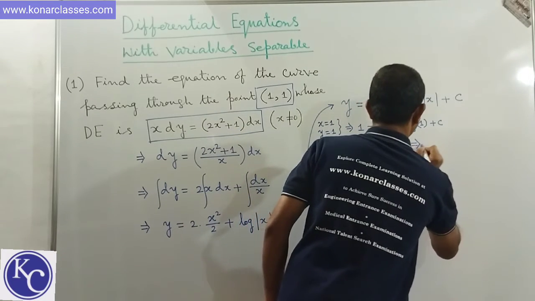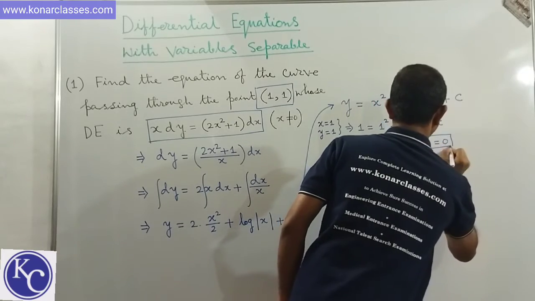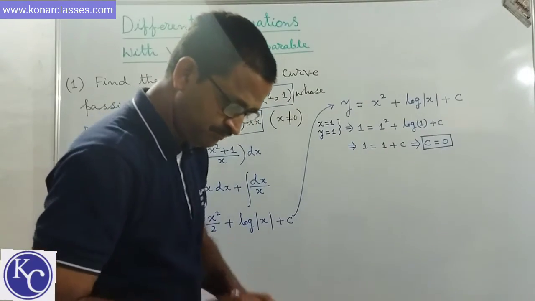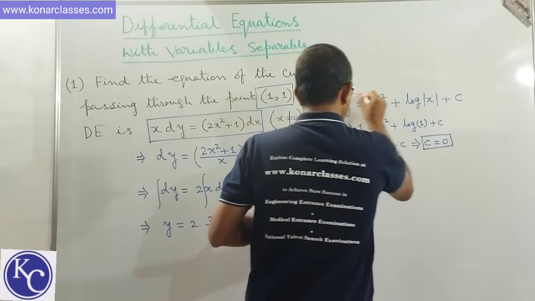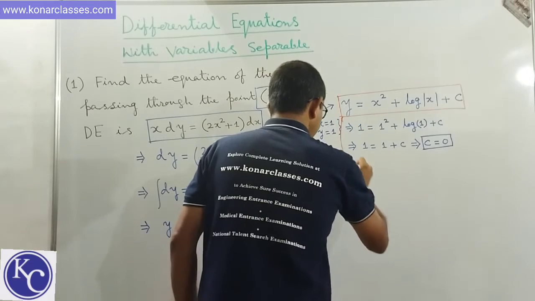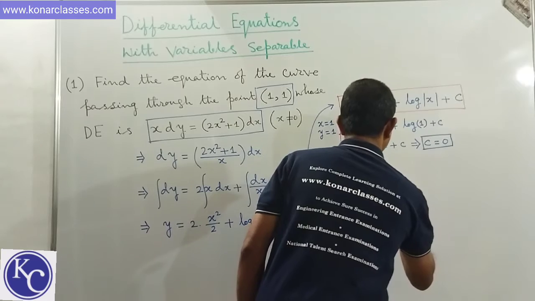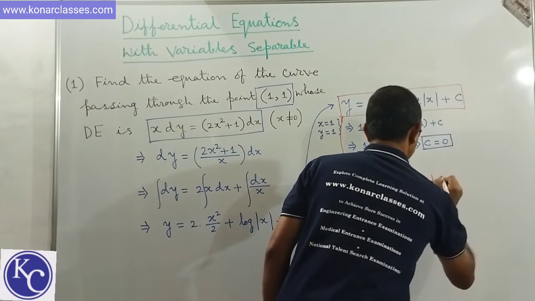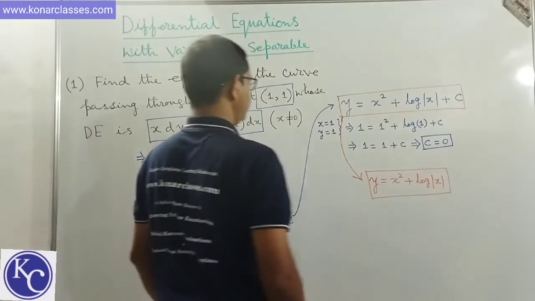So we get the value of c is equal to 0. That means the arbitrary constant becomes 0 when x equal to 1 and y equal to 1. Then from the general solution, or the family of curves, this now becomes y equal to x square plus log of mod x. This is the required answer to the given question.